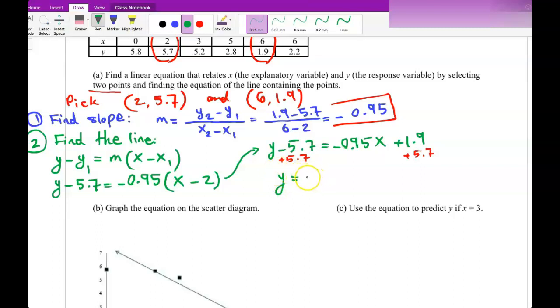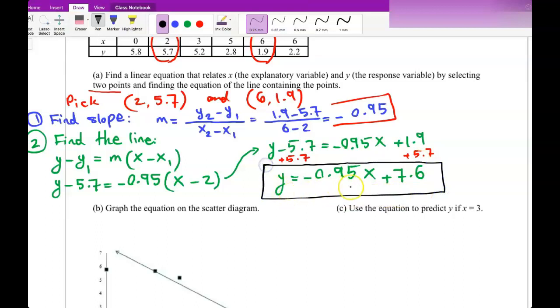So y is equal to negative 0.95x plus 7.6. So here is our line.